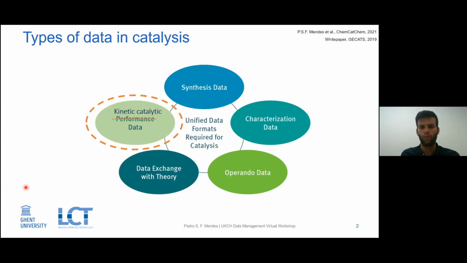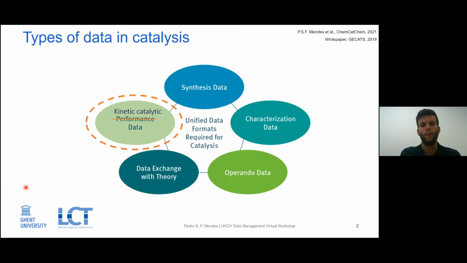So I prefer to focus on kinetic catalytic data, which means that it's under the kinetic regime and is purely reflective of the catalyst action. But for all purposes, the same can be applied to generic performance data.